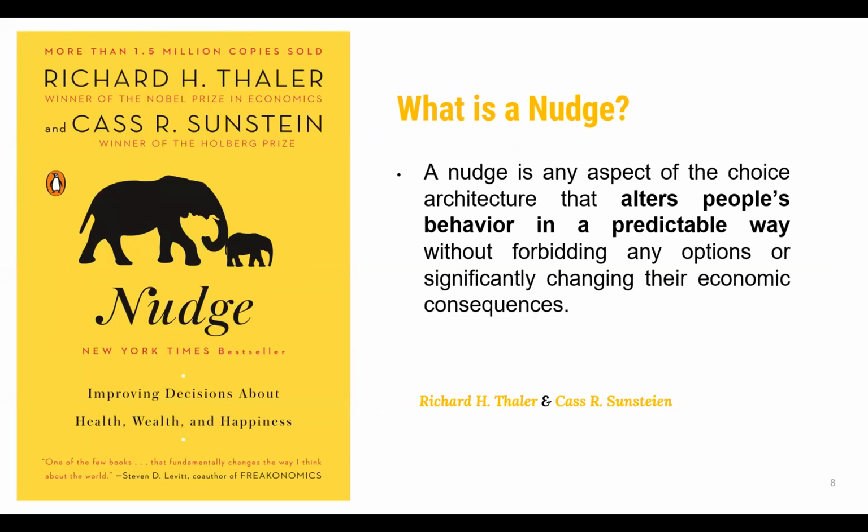Thaler and Sunstein define a nudge as any aspect of the choice architecture that alters people's behavior in a predictable way without forbidding any other available options. Rather than placing restrictions or changing economic incentives, nudges influence behavior by changing the way choices are presented in environments.